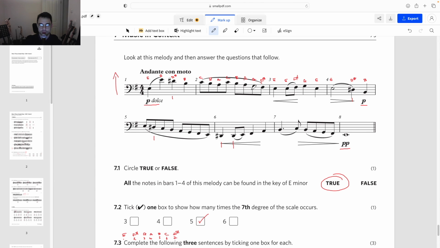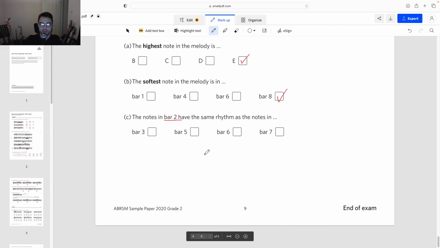So which of these bars has just quavers in it? Well, it's bar 5, isn't it? Here it is, bar 5. It's the same as bar 2. Nice. So bar 2 and bar 5. And yes, bar 5 is an option there.